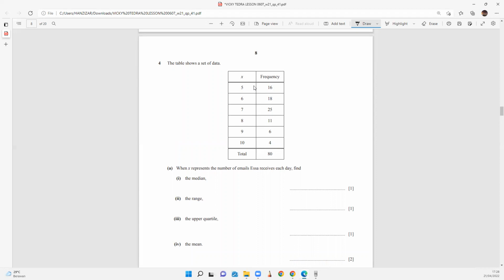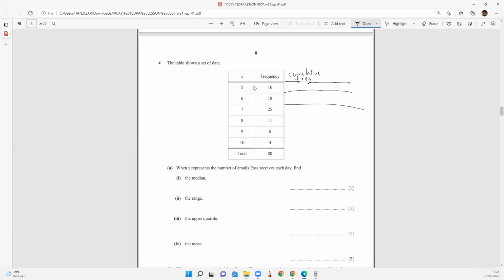Okay, 16 days, she got 5 emails. If you want to find the median and quartiles and so on, you need to calculate the cumulative frequency.